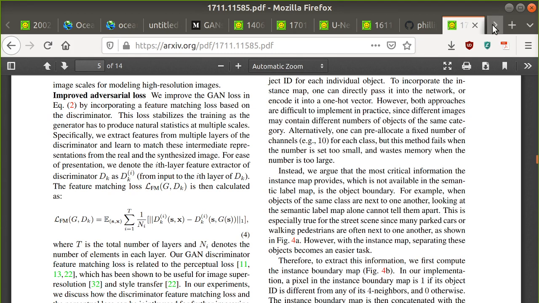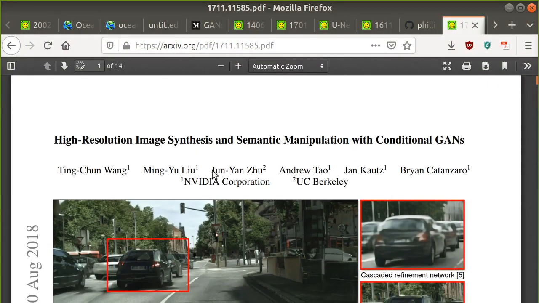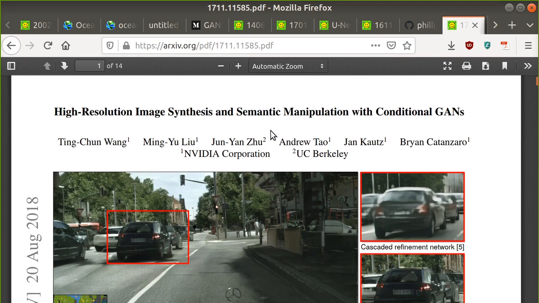And the idea of the multi-scale discriminator is, instead of just feeding in the full image, either the real cloud image or the fake one made by the generator, they're going to feed in multiple different versions of it at different resolutions. So their goal in this paper, Wang et al., one of the co-authors, in fact, is the same as Isola et al.